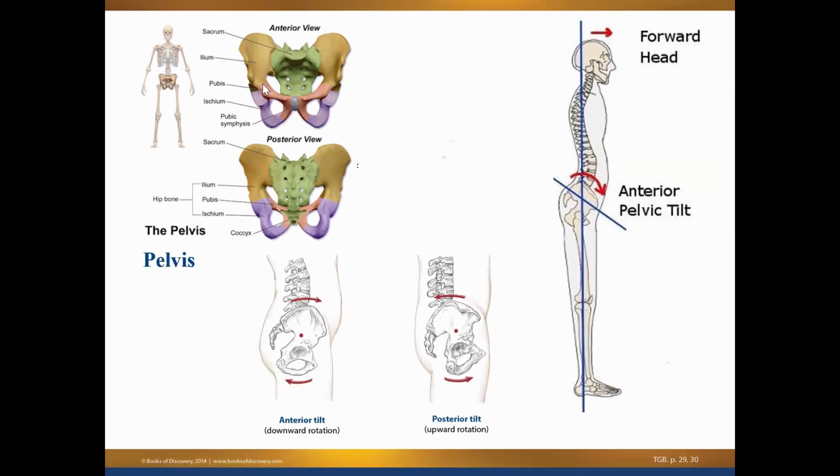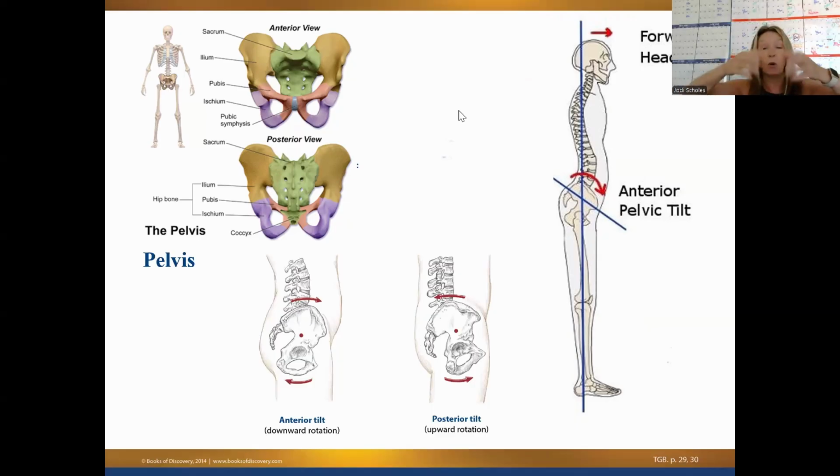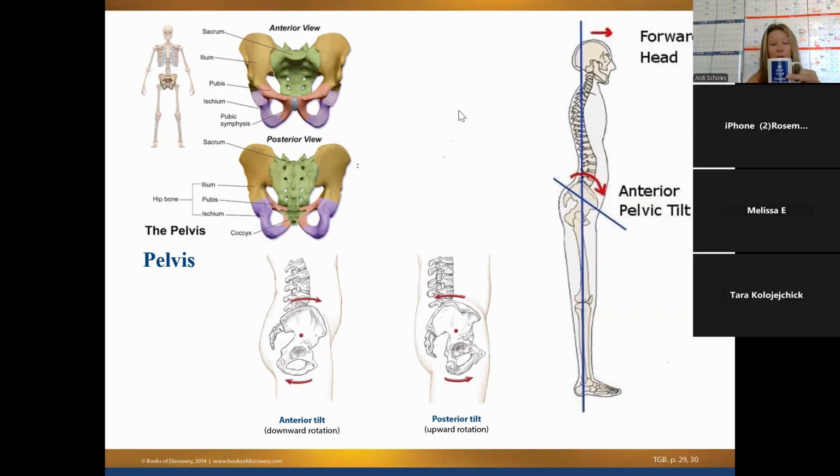If we thought of this pelvic basin as a bowl, and the basin was actually spilling forward, a bowl full of soup, and you pour it out forward. So if this cup were the pelvic basin, and the handle is the spine, it would be pouring out the front.